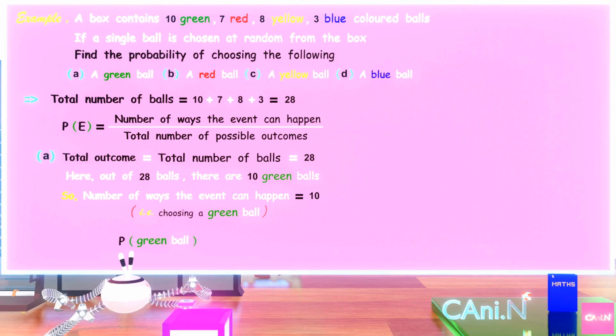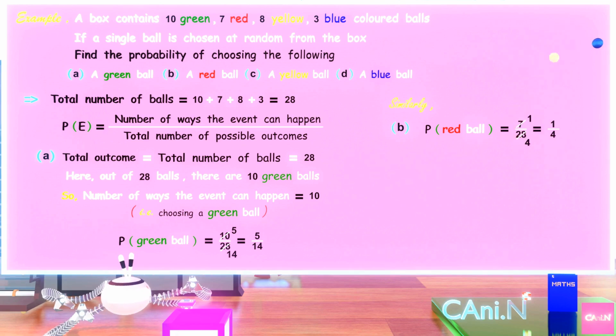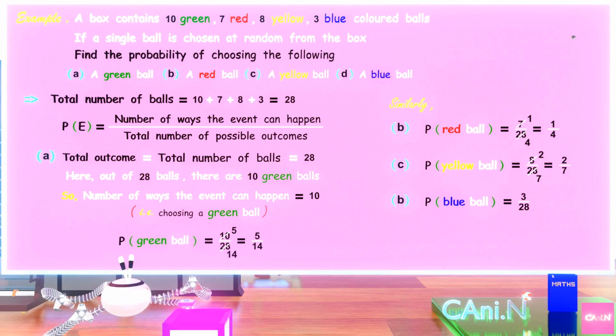Therefore, probability of choosing a green ball equals 10 by 28 equals 5 by 14. Similarly, probability of choosing a red ball equals 7 by 28 equals 1 by 4. Probability of choosing a yellow ball equals 8 by 28 equals 2 by 7. Probability of choosing a blue ball equals 3 by 28.